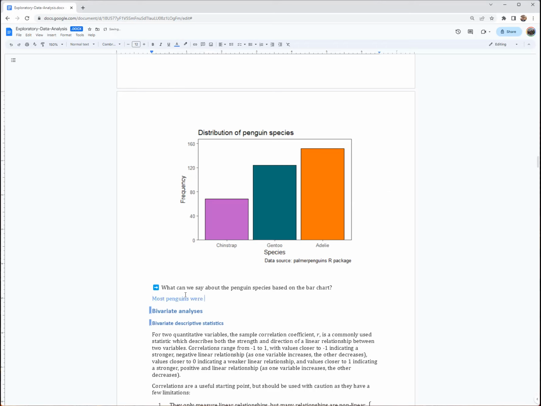most penguins were Adelie penguins in this data set, and the chinstrap penguins, yeah, at least.